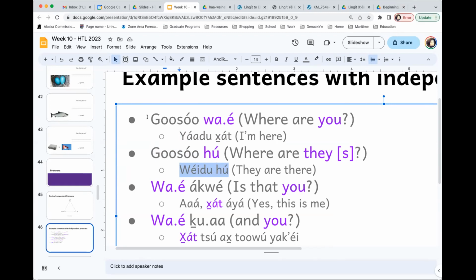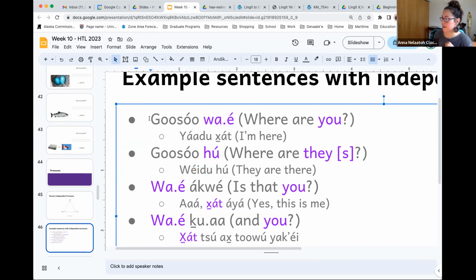So let's do all these one after the other. Gusuwa'eh. Kusuwa'eh. Yaduhat. Yaduhat. Gusuha. Kusuhu. Weduhu. Weduhu.